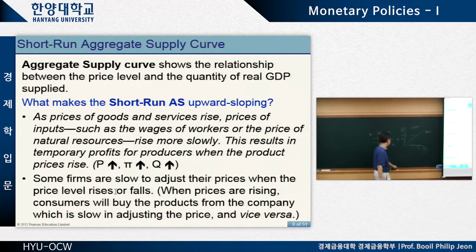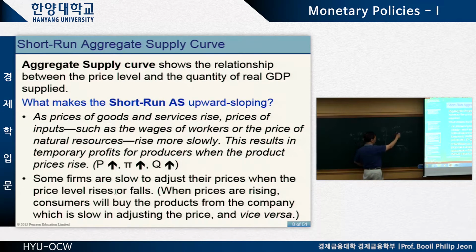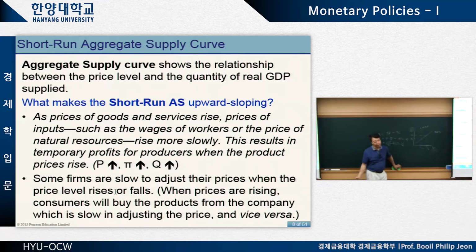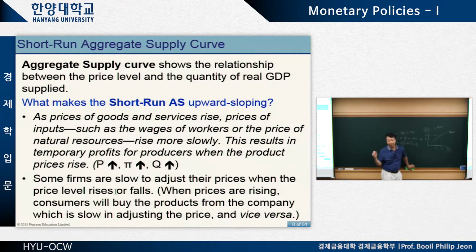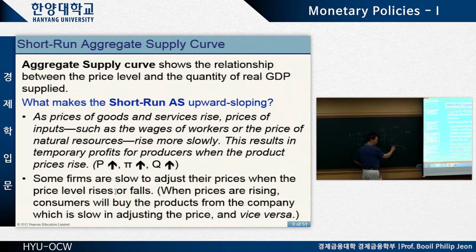What this explanation is saying is, in general, there is no reason for the short-run aggregate supply curve to slope upward, because if all the companies adjusted their prices quickly, and suppose there is a reason why the output price should increase, and all the companies raise their price immediately, then there is no reason for the output to increase.